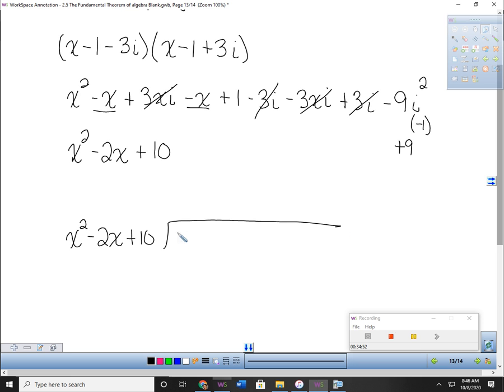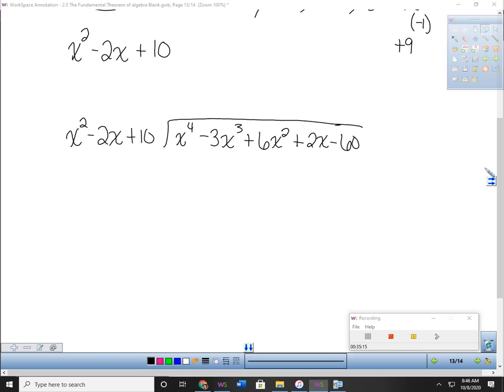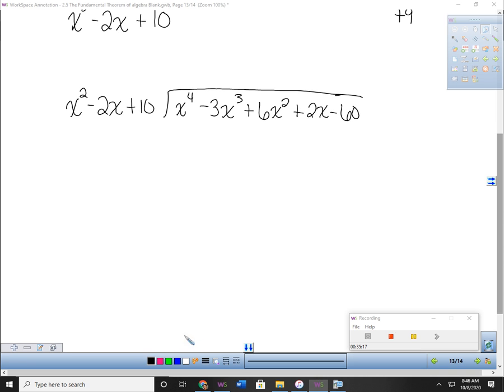Alright, so originally I had x to the 4th minus 3x cubed, plus 6x squared, plus 2x, minus 60. Now the nice thing is that we have 3 terms out here, so that'll make it go pretty fast. So I take the first term and I divide that by the first term.